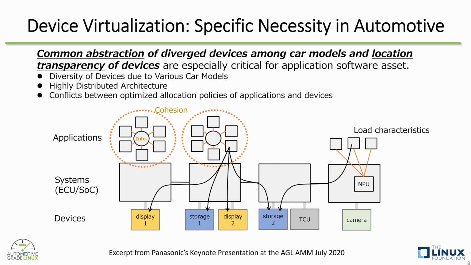Such variety makes it very hard, because the number, size, and aspect ratio of displays, and such kinds of devices will be quite different. And we need a common abstraction for such diverse devices to preserve the software asset.